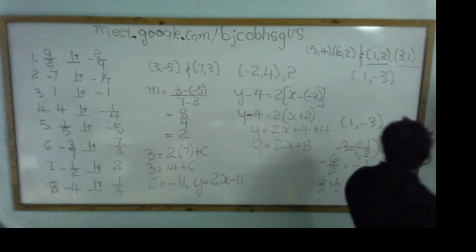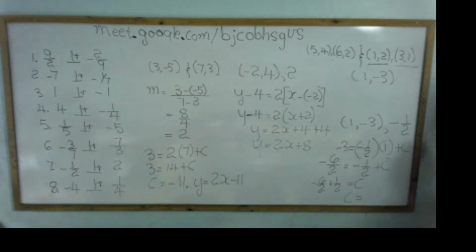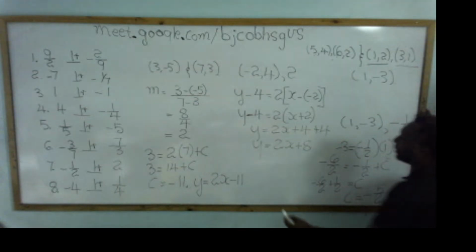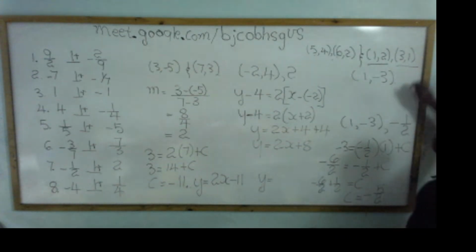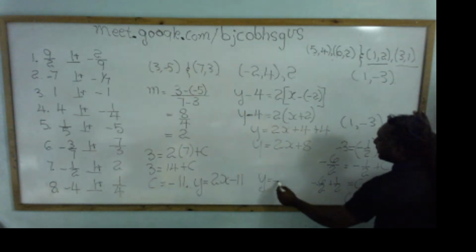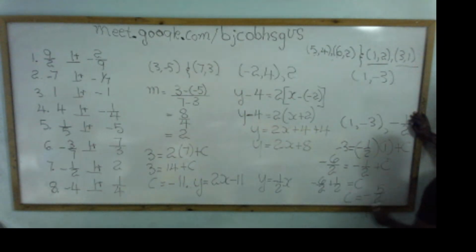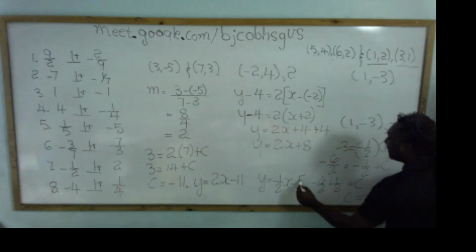So we have negative 6 over 2 plus a half is equal to negative 5 over 2. Your directed numbers are here to stay. So the equation of the line will be what? Y is equal to m, negative a half, x plus c. c is negative 5 over 2. So that is that.